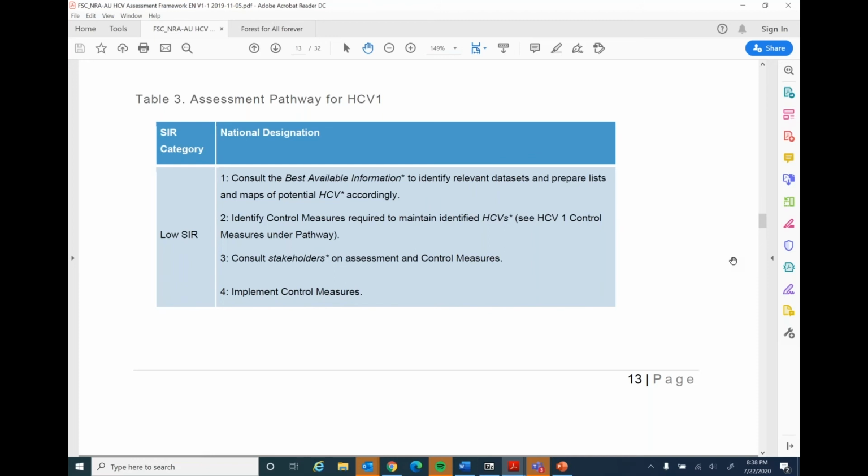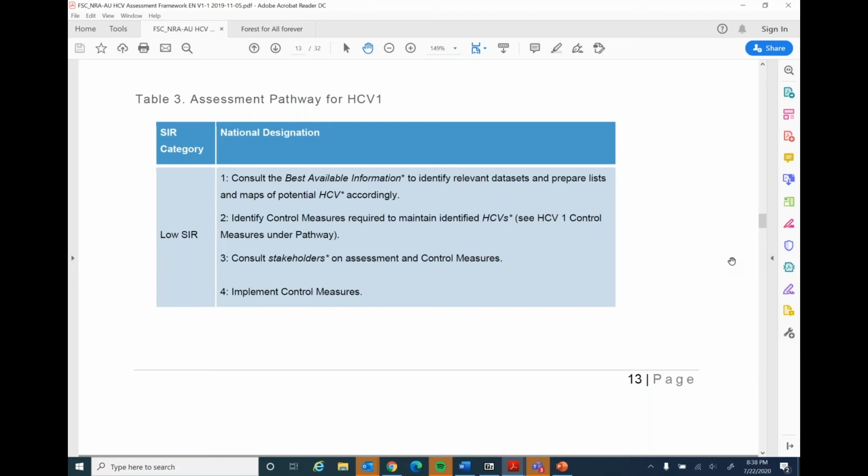So it's going through that process of consulting your best available information. As Stefan pointed out earlier, there's a range of information sources. Not all of them have to be used, but it's working through a process to identify the best available information that's relevant to your management area, and to prepare lists and maps of your potential high conservation values.